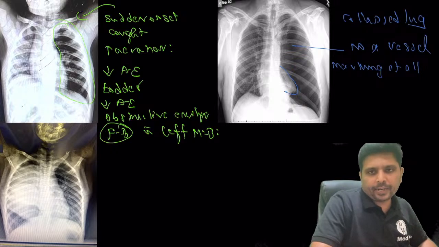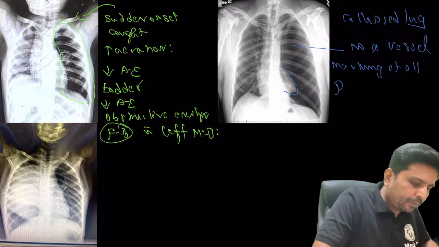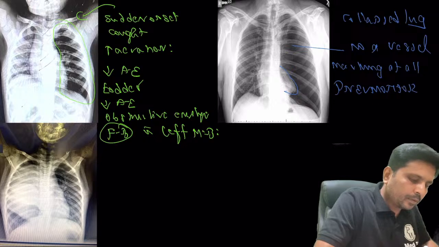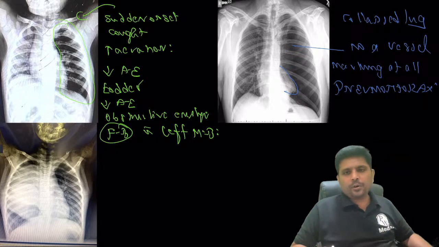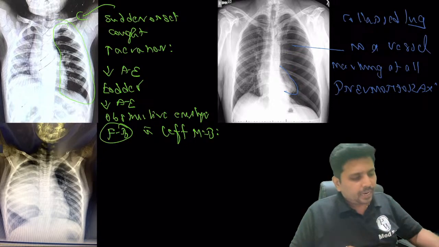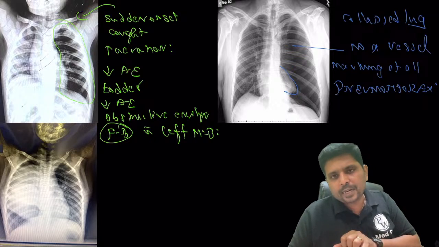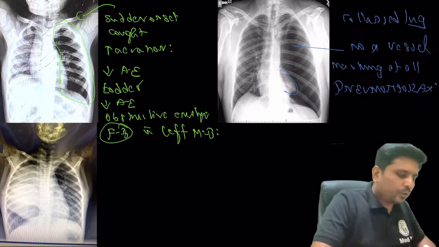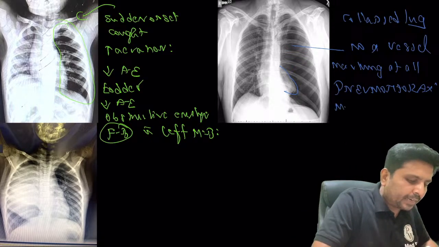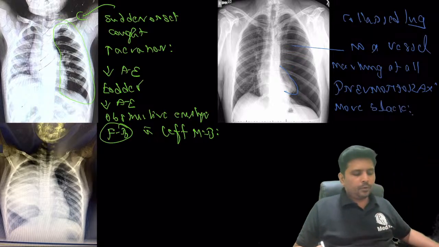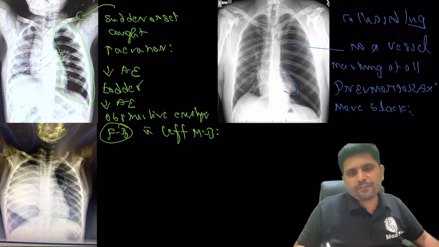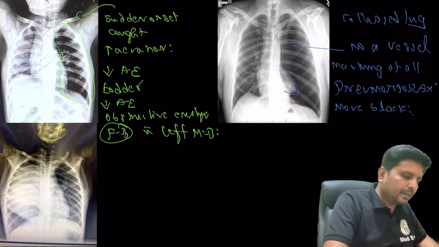No airway markings. Collapsed lung is pneumothorax. This is called pneumothorax: collapsed lung along with no vessel markings. Here also the lung is more black.